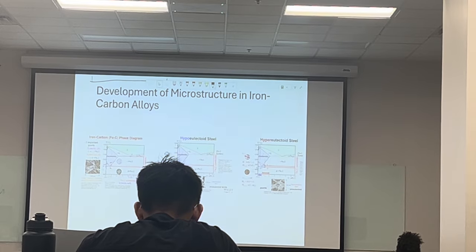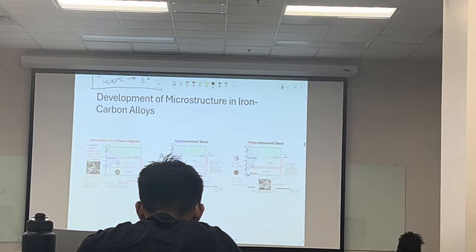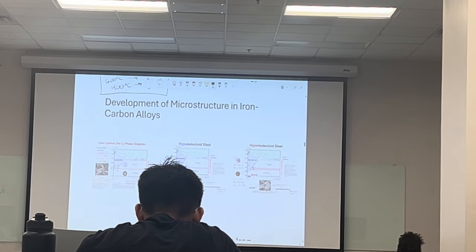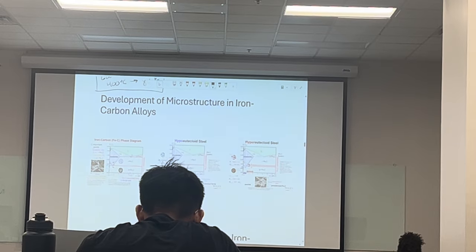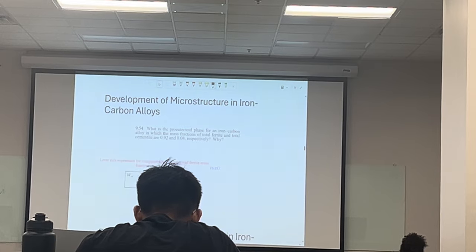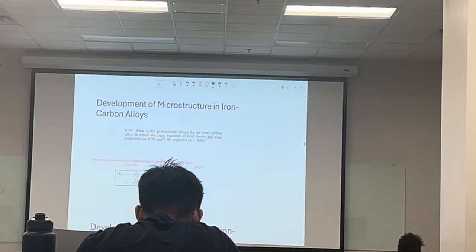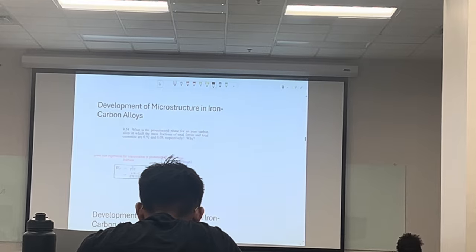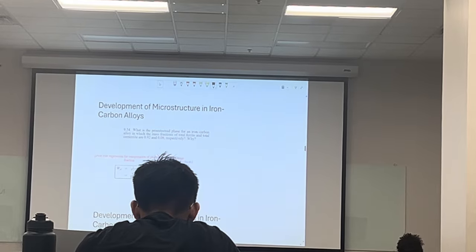In the interest of time, because we're doing the same thing, just with iron carbon alloys to determine the microstructure. This section is in your book if you're interested in reading about it. Essentially we're doing the same things that we did in the other sections, just with iron carbon now.